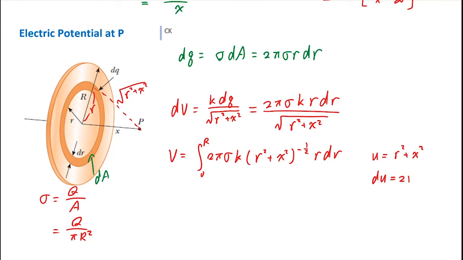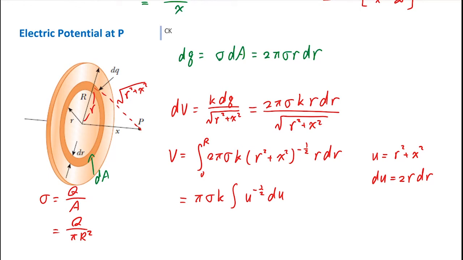So this is 2r dr. Substitute it back in. Do you see that r dr is du? How convenient. So I'm going to put pi sigma k, and then this is u to the negative 1/2 power du. Good.